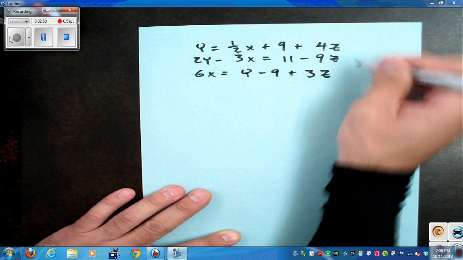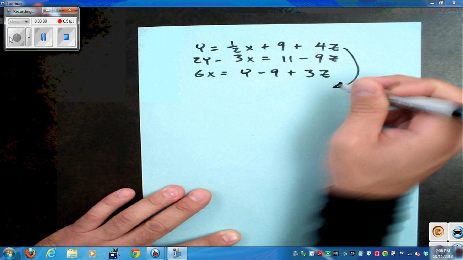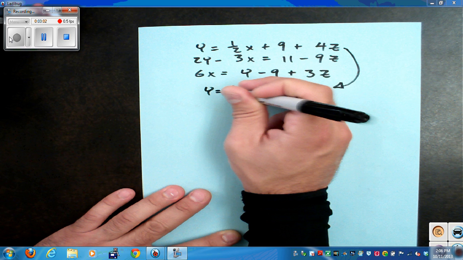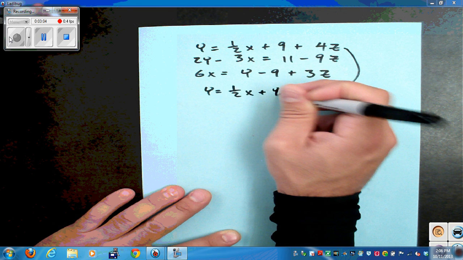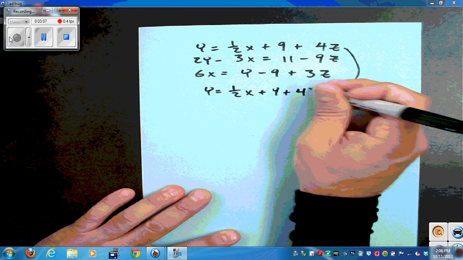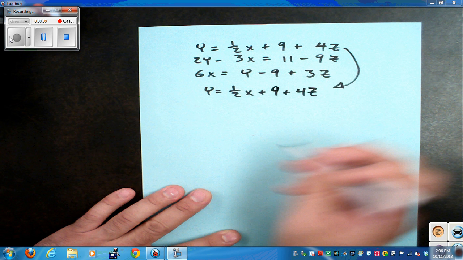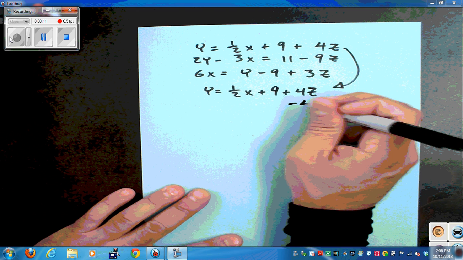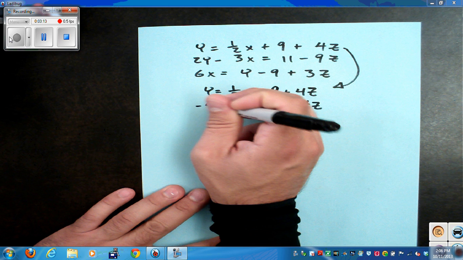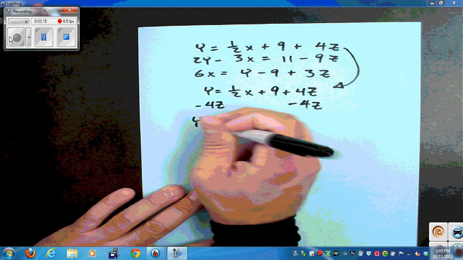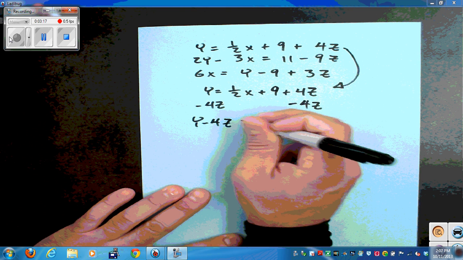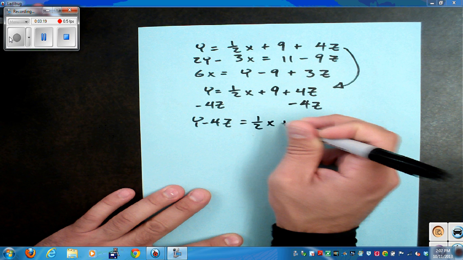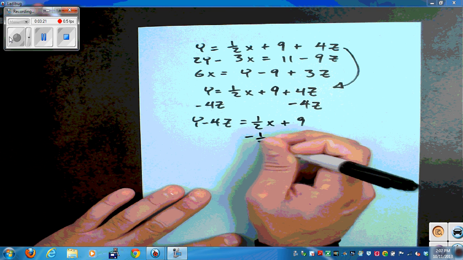So I'm going to take this first equation down to here, and I'm going to reorganize it into standard form. So first thing I'm going to do is I'm going to subtract 4z from each side. And then I'm going to subtract 1/2 x from each side.